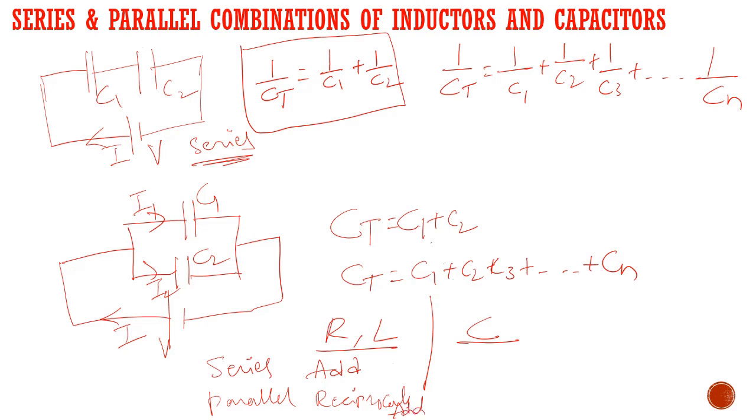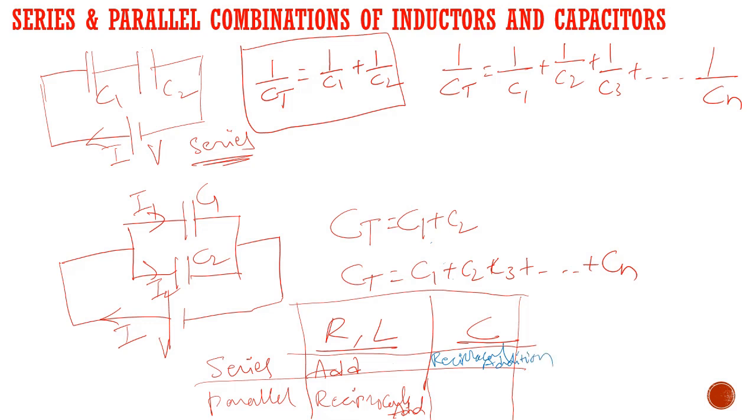For capacitor, this is completely different. For series, it is reciprocal addition to get the total capacitance, and for parallel, simply add like this.